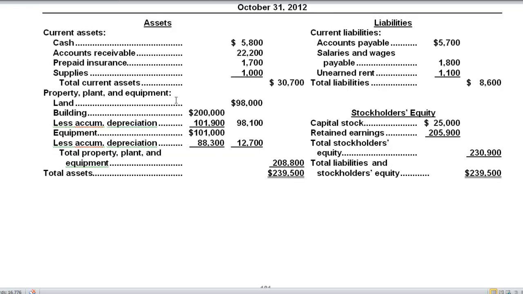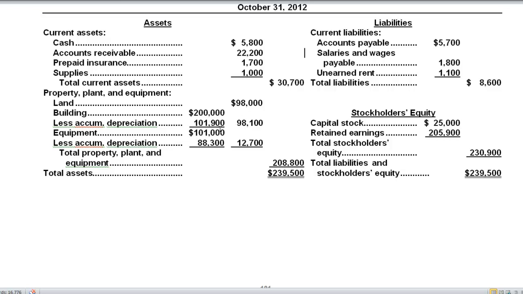We list all of our property, plant, and equipment. Now we don't depreciate land, we've discussed that. Our building here is offset by this amount of accumulated depreciation. So the $200,000 reduced by its accumulated depreciation, and this is called a contra account, remember? This reduced by that gives us the book value, or what's known as the undepreciated cost, of $98,100.